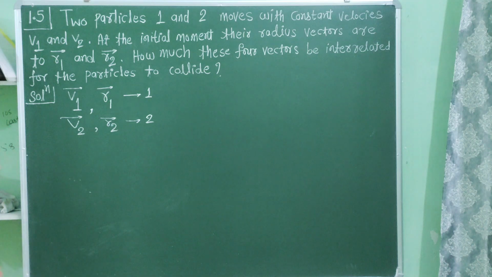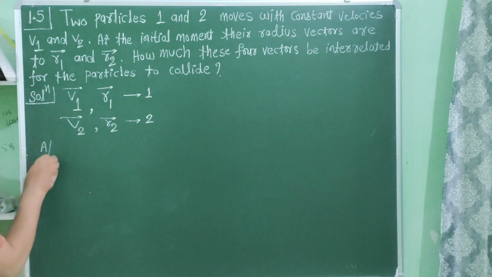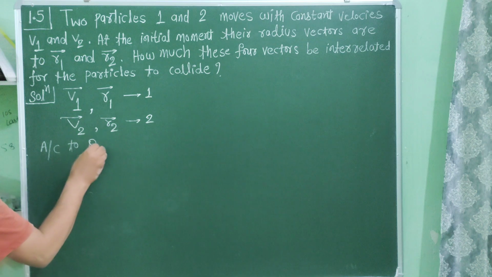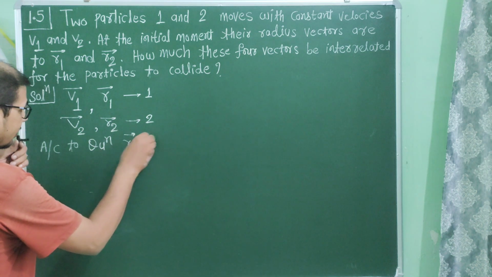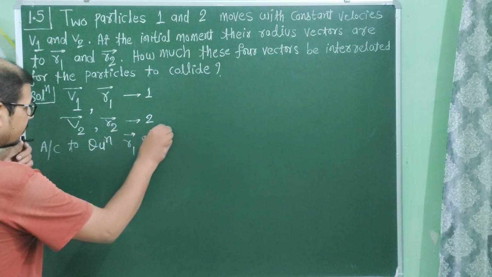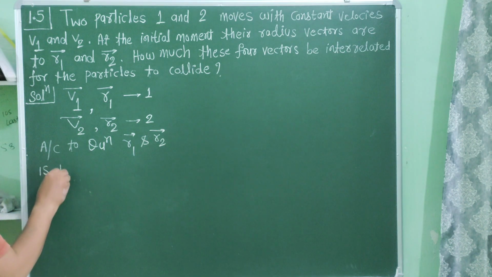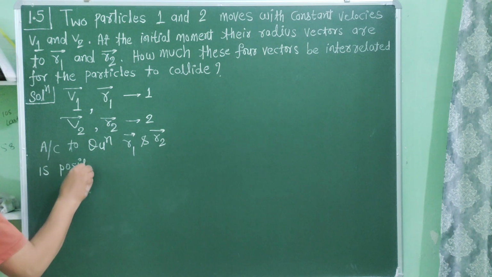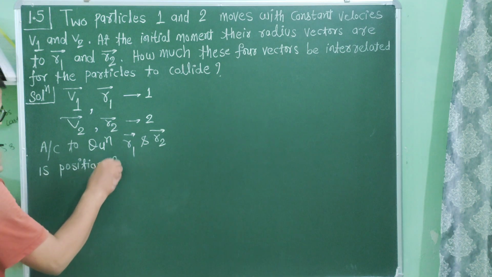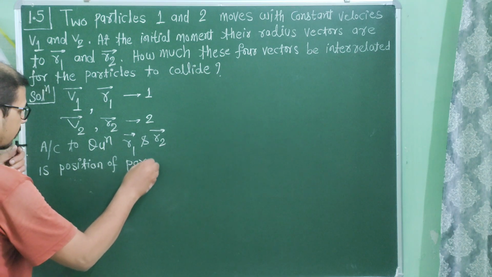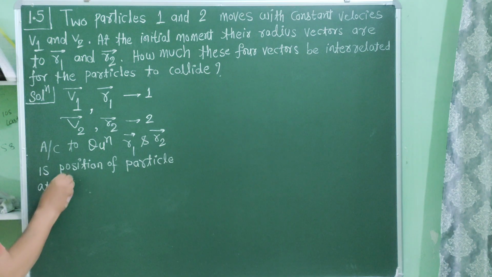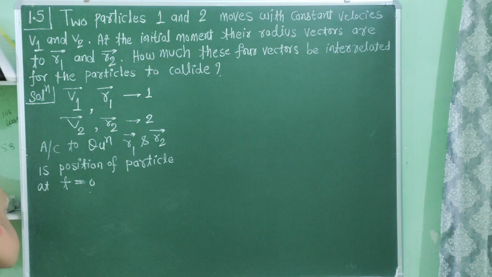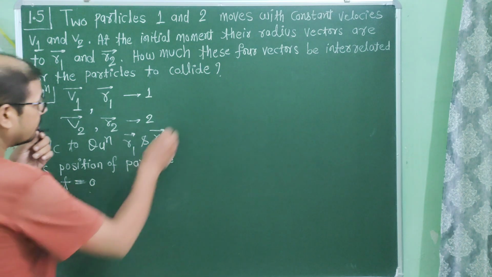Okay. According to the question, r1 vector and r2 vector are the positions of the particles at t equal to 0, that is initially.